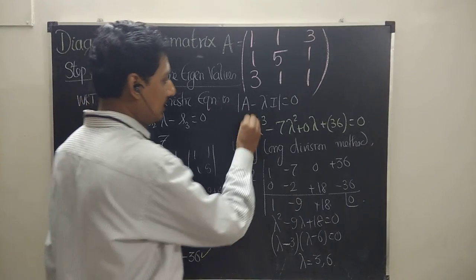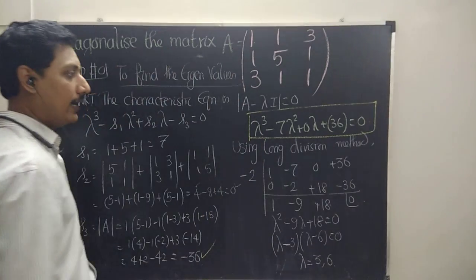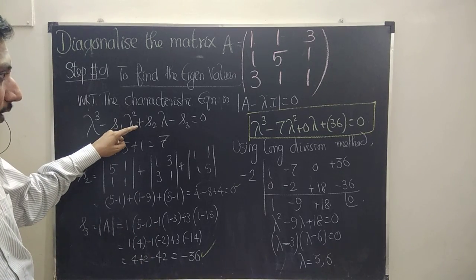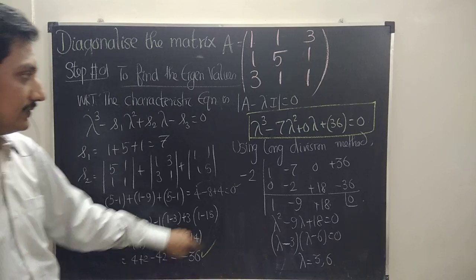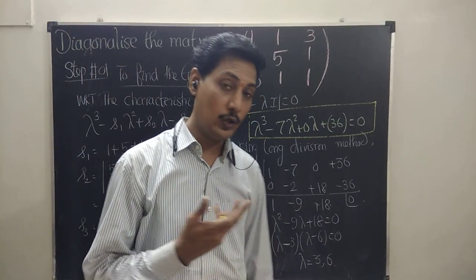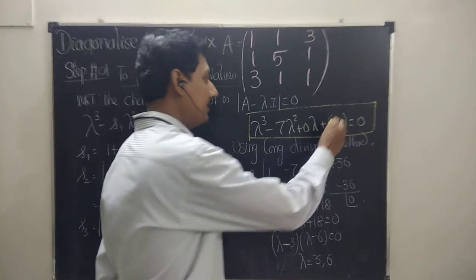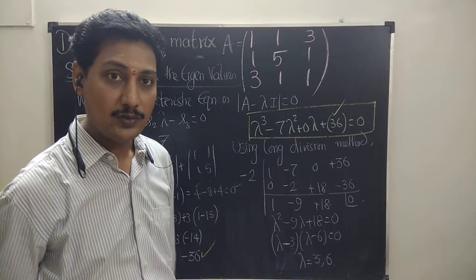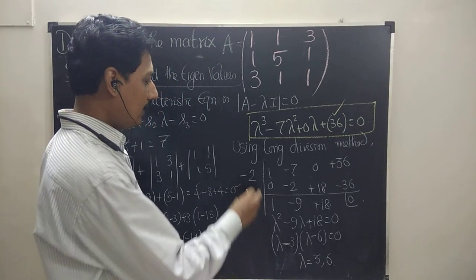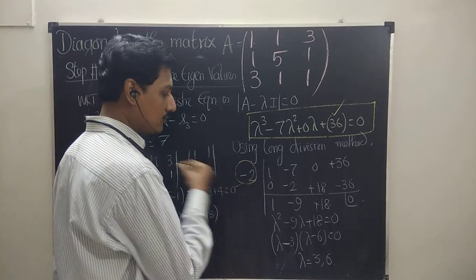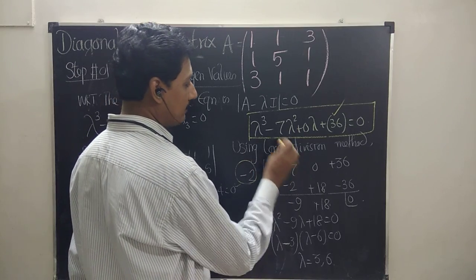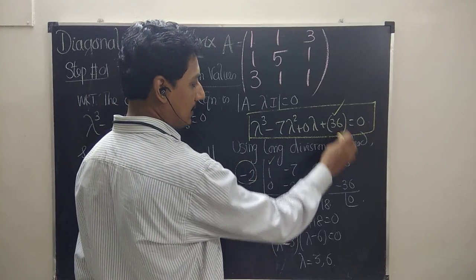So when I substitute in this equation, I found the characteristic equation: lambda cube minus 7 lambda squared plus 0 lambda plus 36 equal to 0. Now find the 3 eigenvalues because it's a cubic polynomial. 36 is an even number, so better to go for plus 2 or minus 2. I start with the long division method by choosing minus 2, taking the coefficients: lambda cube is 1, lambda squared is minus 7, lambda is 0, constant 36.